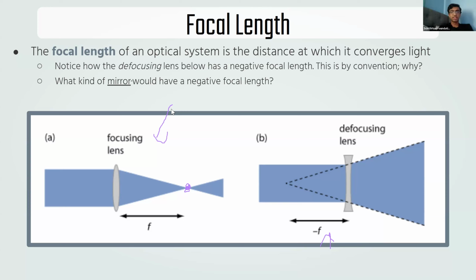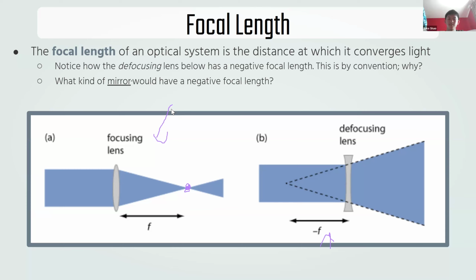Yeah, if you guys want to say it out loud, definitely say it out loud. The lenses are different. The positive one is a converging lens, and this one is diverging.